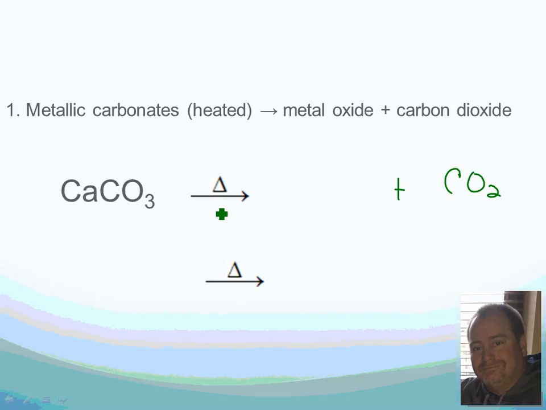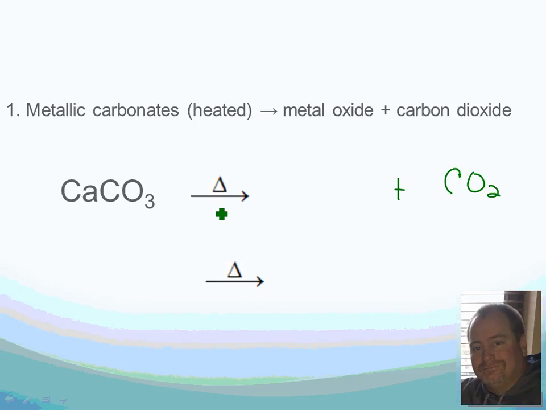Now, let me ask you this. What is the name of my metal oxide? Calcium oxide. Now, if you need to write down the word and the charges and the likes of that to get the formula, great. What is calcium? Calcium's a 2+.